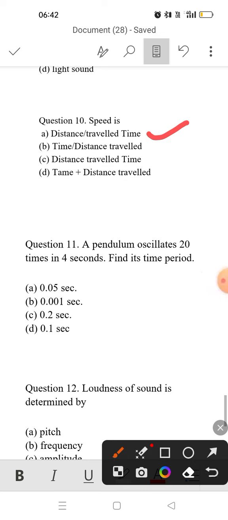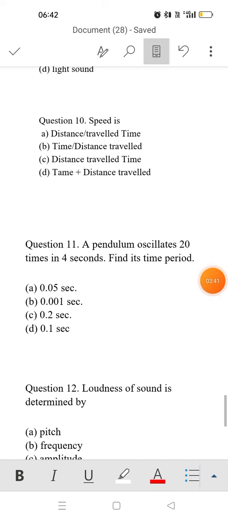Question 11: a pendulum oscillates 20 times in 4 seconds. Find its time period. So how will you find the time period? What do you mean by time period?